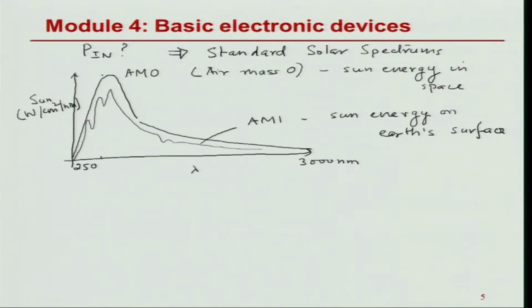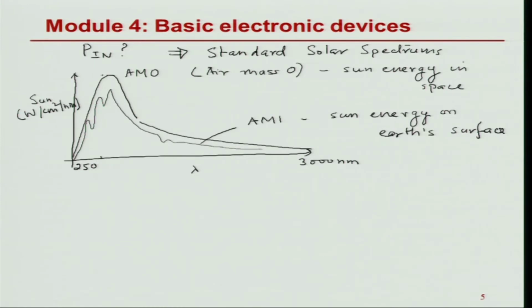And then there are other standard spectrums defined as air mass 1.5, 1.8, which depend on whether the sun is entering the atmosphere at an angle, which will have different absorption. But whenever we report the characteristics of a solar cell, we have to define under what solar spectrum and energy we are reporting it, so that it can be compared with the results of other people.